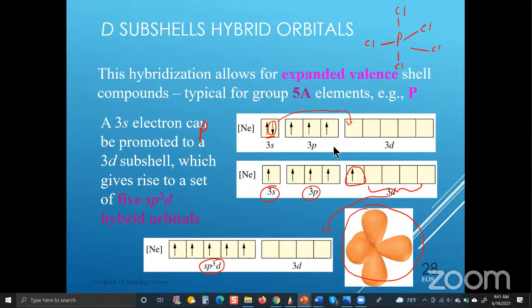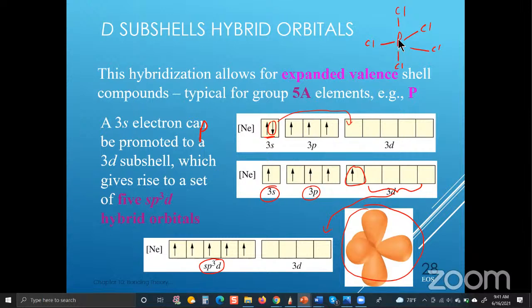And this is the reason why, because in the case of those elements, there are d orbitals which would allow for single electrons from a lower orbital to go into so that they can become unpaired, so that you can increase the number of unpaired electrons so that you can have more than 8 electrons in the end when you have bond sharing or electron sharing taking place to form a bond in each case, right?